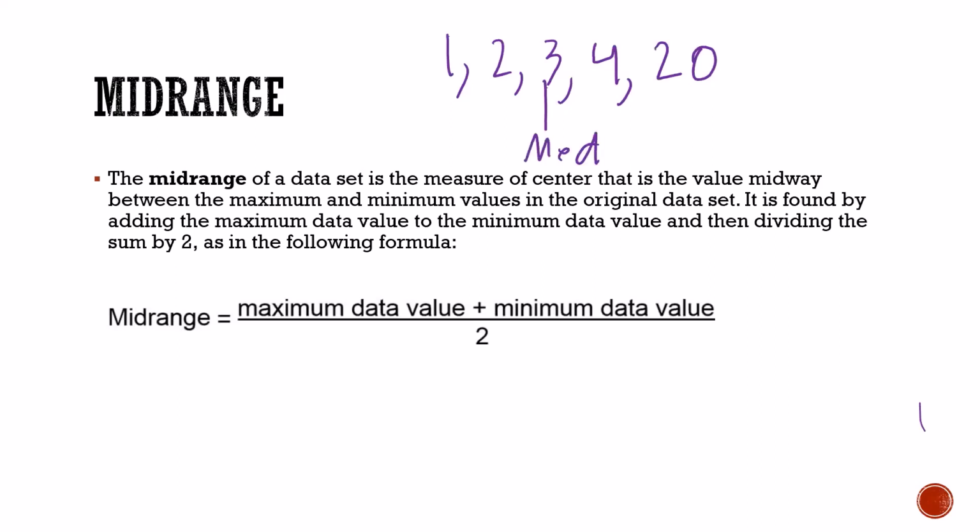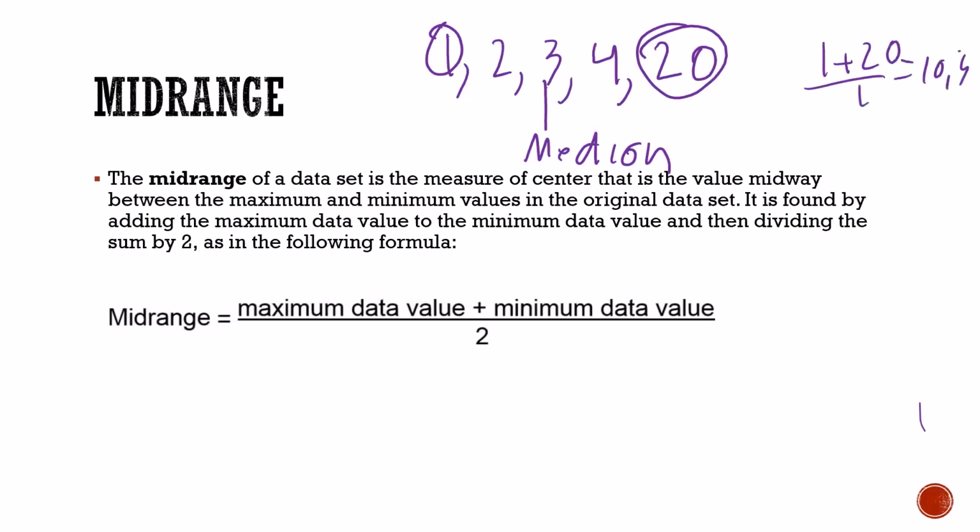The median is in the middle of the data set. The mid-range is in the middle of the range in a number line sense. So it'd be 1 plus 20 over 2, 10 and a half. Yeah, it's kind of like a midpoint.